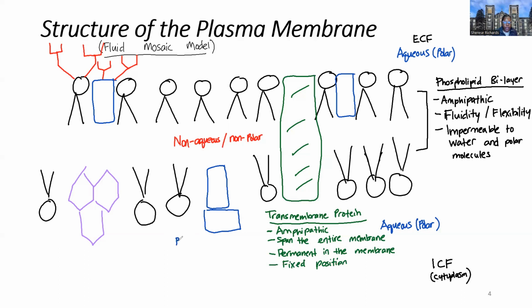So peripheral proteins, they are found on the cytosolic side of the membrane. These are easily movable, so these can easily dissociate.